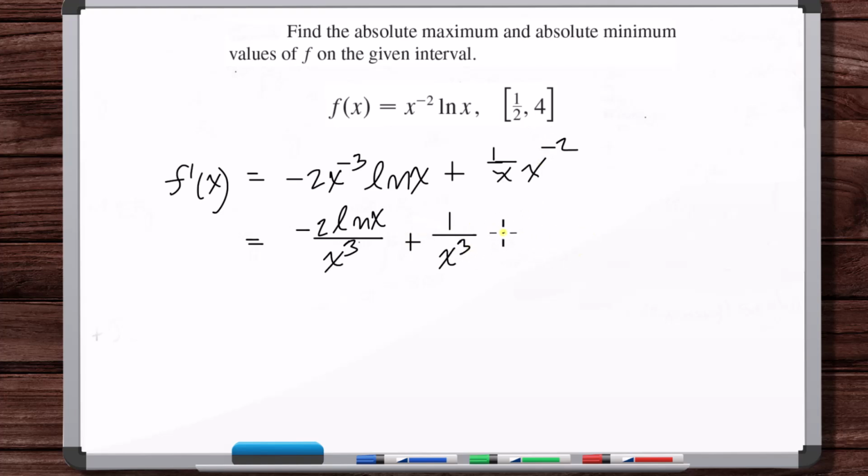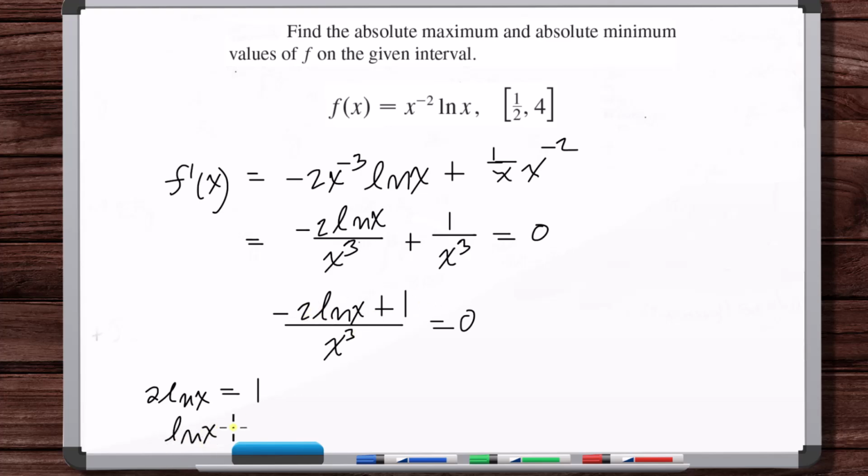All right, so let's set this equal to 0. We've got minus 2 natural log of x plus 1 over x cubed equal to 0, which means 2 natural log of x is equal to 1, because we just need to solve for when the numerator is equal to 0. So natural log of x is equal to 1/2. Raise both sides to e, so x is equal to e to the 1/2.